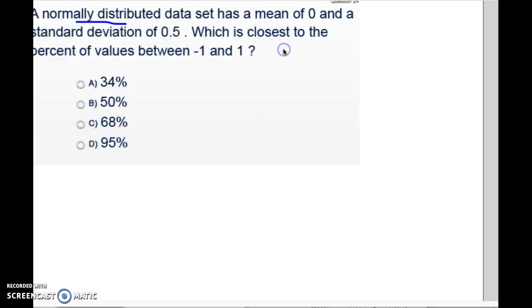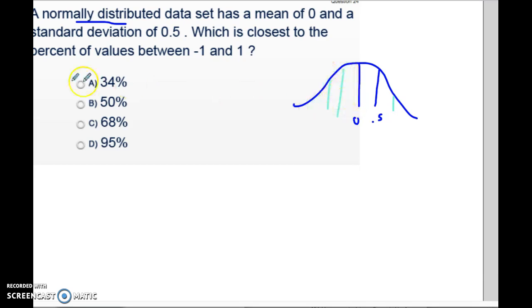All right. So since this one is asking us normally distributed, with a mean of 0, and the standard deviation is a 0.5, and we're looking for between a 1 and a -1. So that's actually within 2 standard deviations.